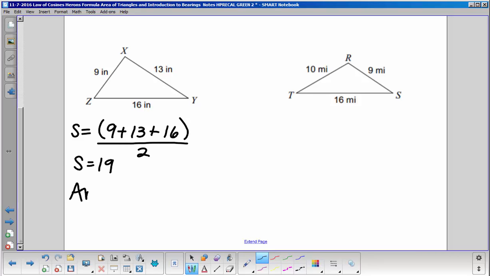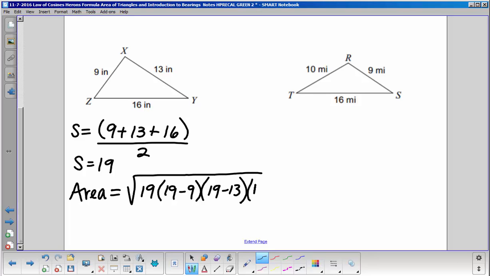So the area is going to be equal to the square root of 19 times (19 minus 9) times (19 minus 13) times (19 minus 16). And I don't even take the time to simplify that. I type that all in the calculator.